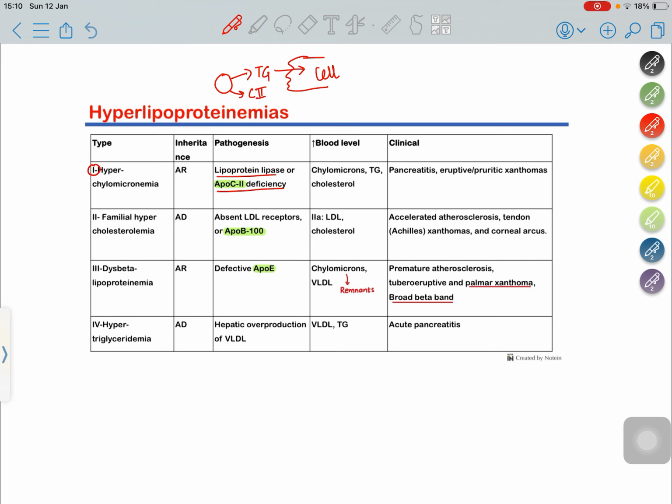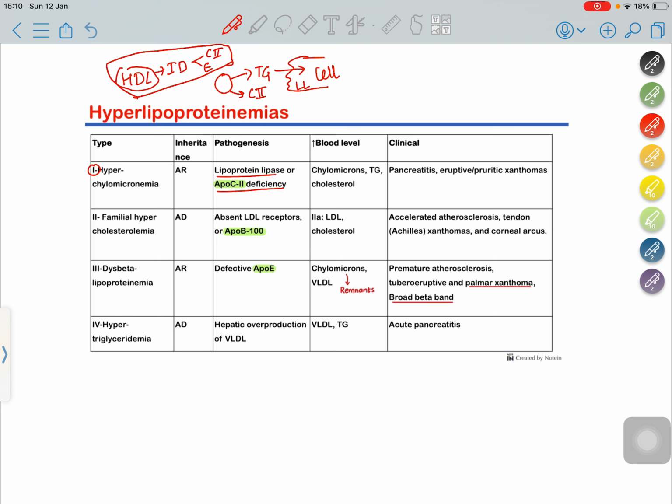And who gives it the ApoC2? It is HDL. HDL provides everybody an ID card. What ID cards does HDL provide? ApoC2 and ApoE, just for information. It is not needed right now. So chylomicron will show the ID card to the cell, and the triglyceride will be taken by the cell and metabolized using lipoprotein lipase.